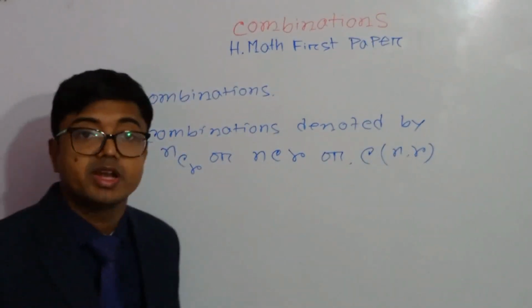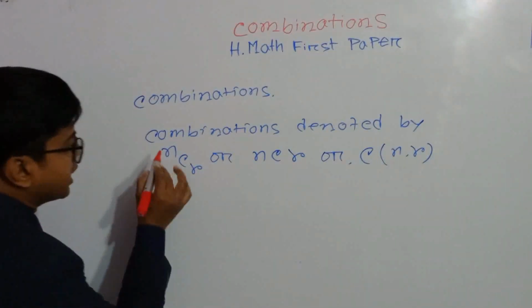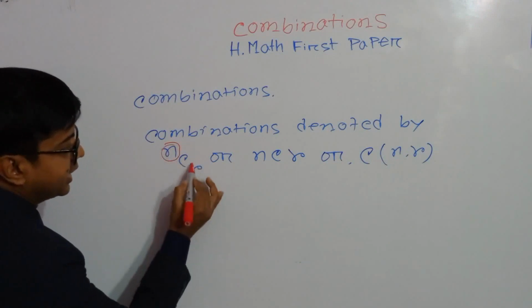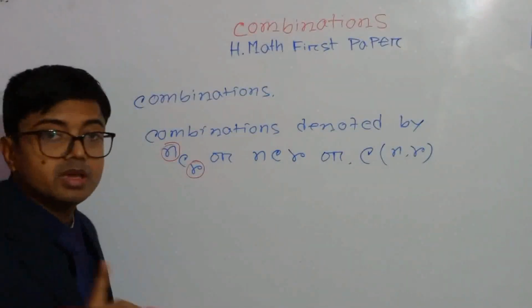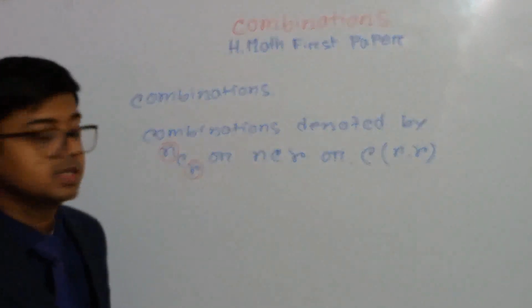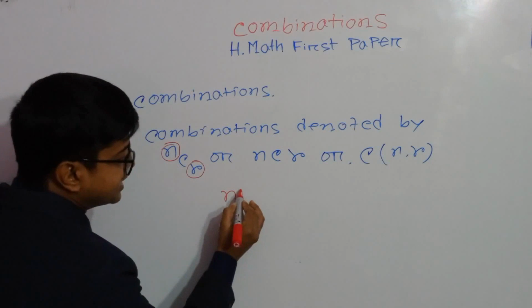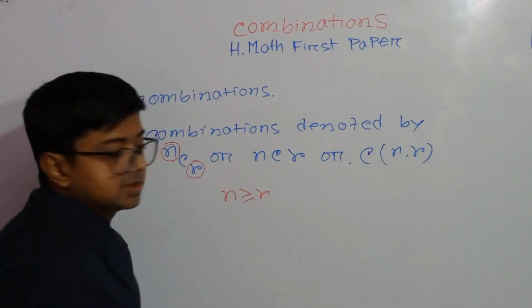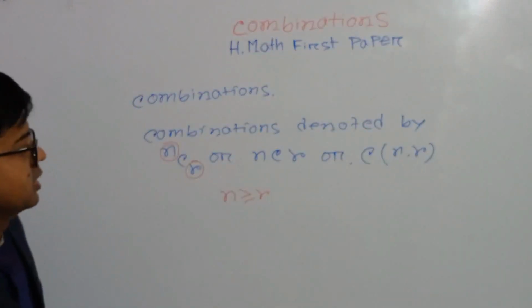But one thing is very important for combination: n and r will always be positive integers, and n is greater than or equal to r. It's mandatory.